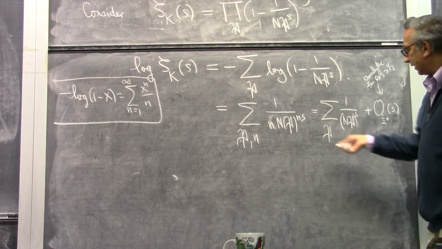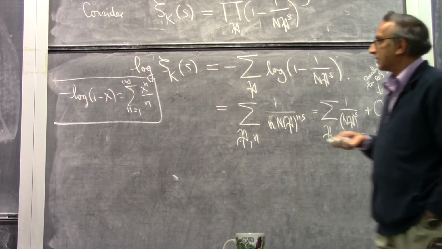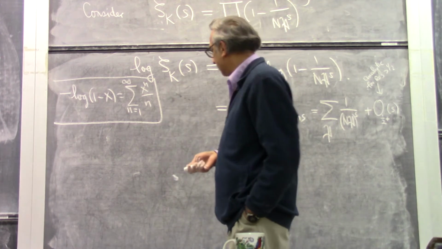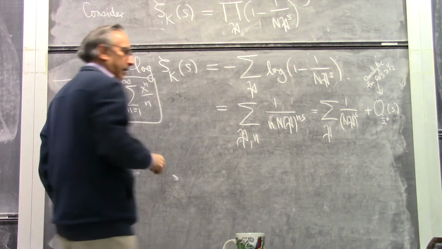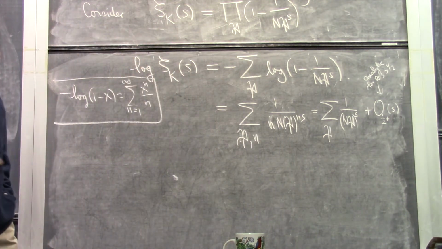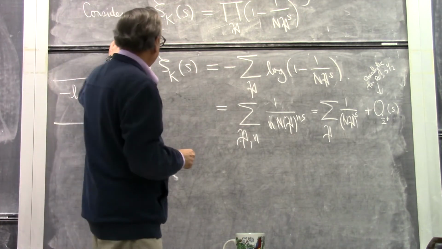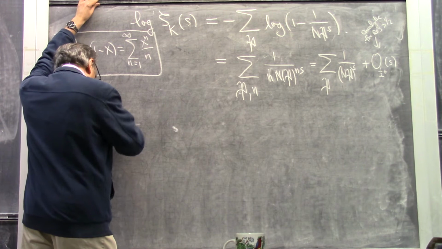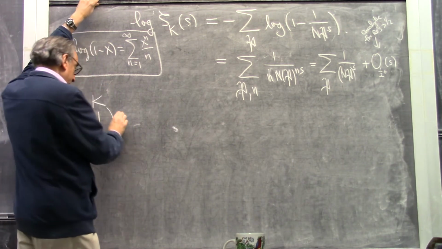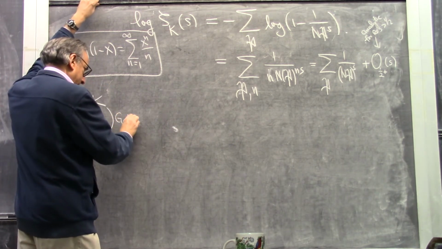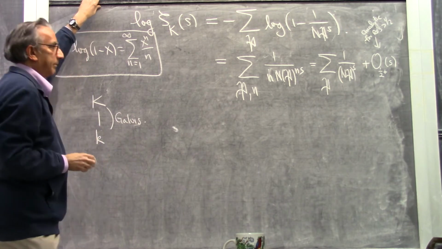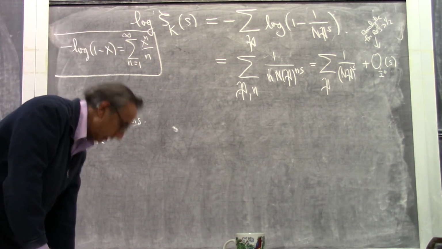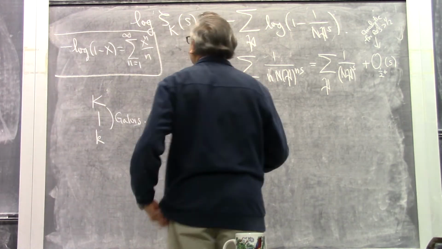So I'm going to focus my attention on this, and because the Dedekind zeta function has a simple pole at s equals 1, you can see that this behaves like log of 1 over s minus 1, and if capital K over little k is a Galois extension, unfortunately I'm not consistent with my notation.